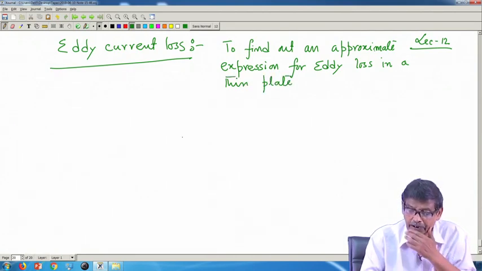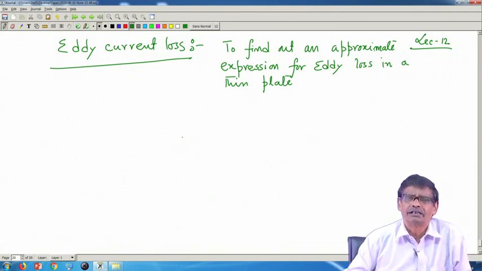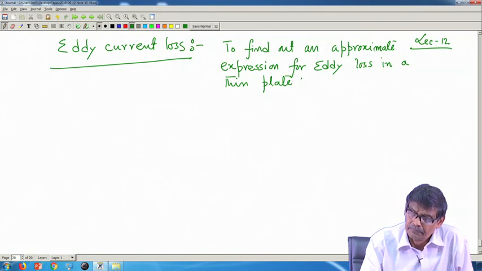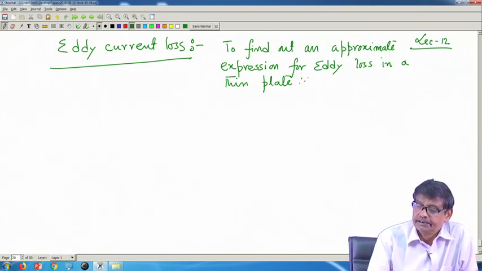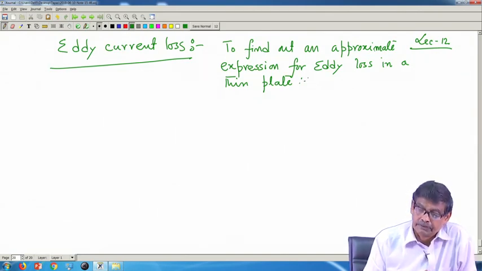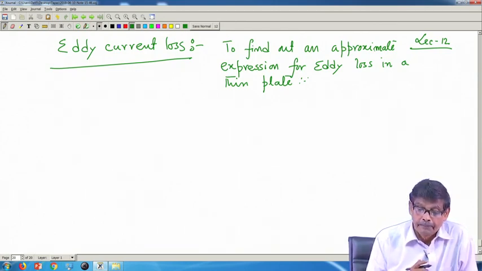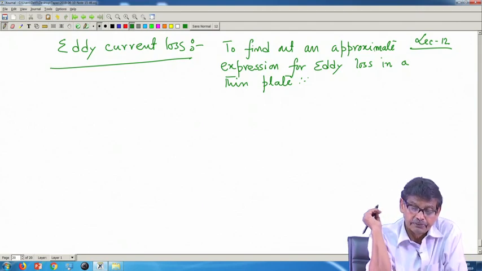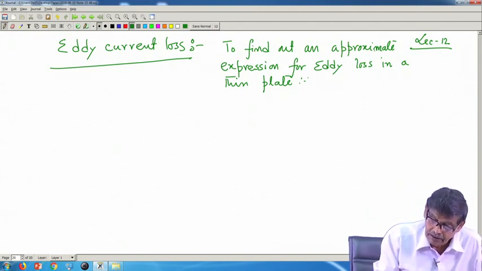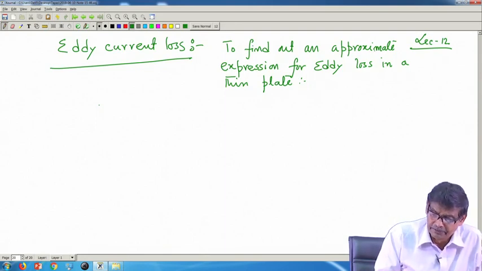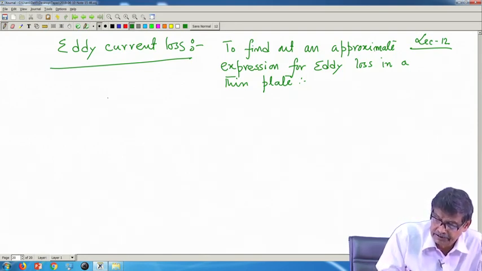So, if in one plate I can find out, for all other plates it will be the same. This is the thing I am trying to get. Acha. To do this, what we will be doing? We have to do a little bit of mathematics, but that is very simple, no field equation, nothing.